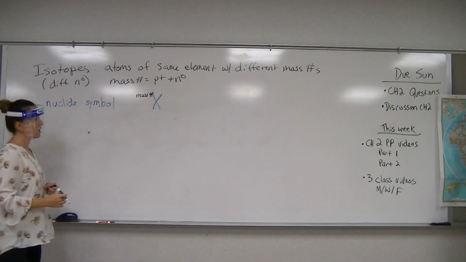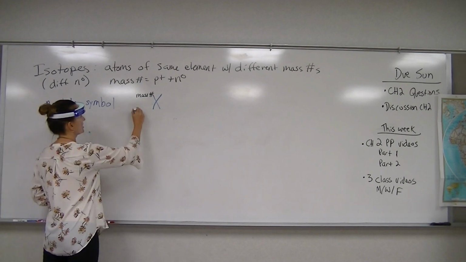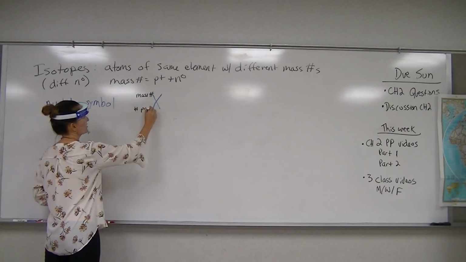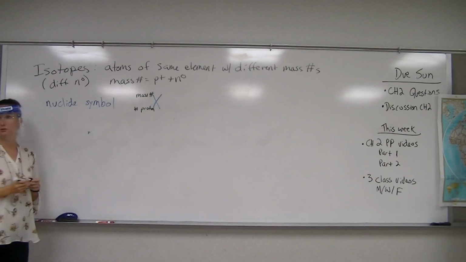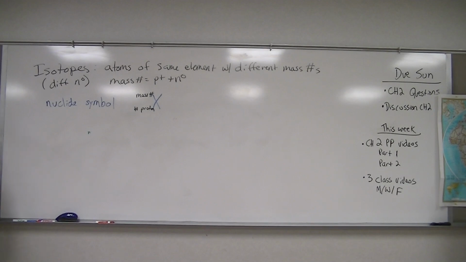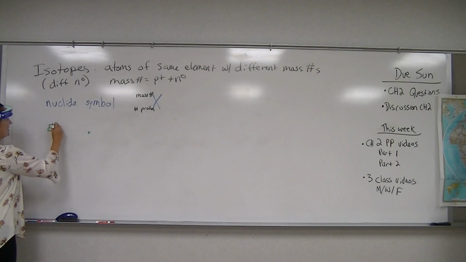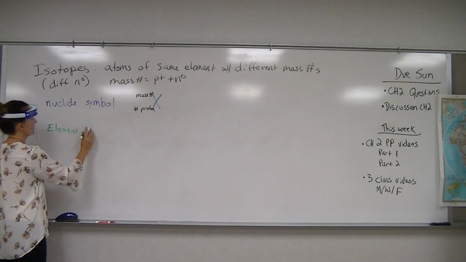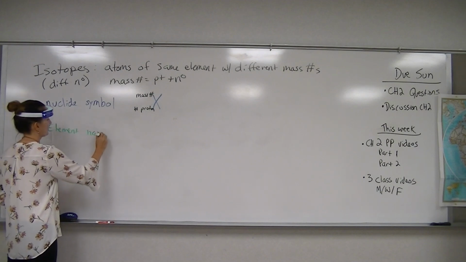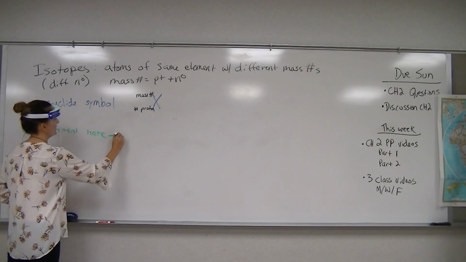And down in the lower left, this is the number of protons, also known as the atomic number. Those numbers in blue. The other way to represent an isotope is by writing the element name dash and then mass number.